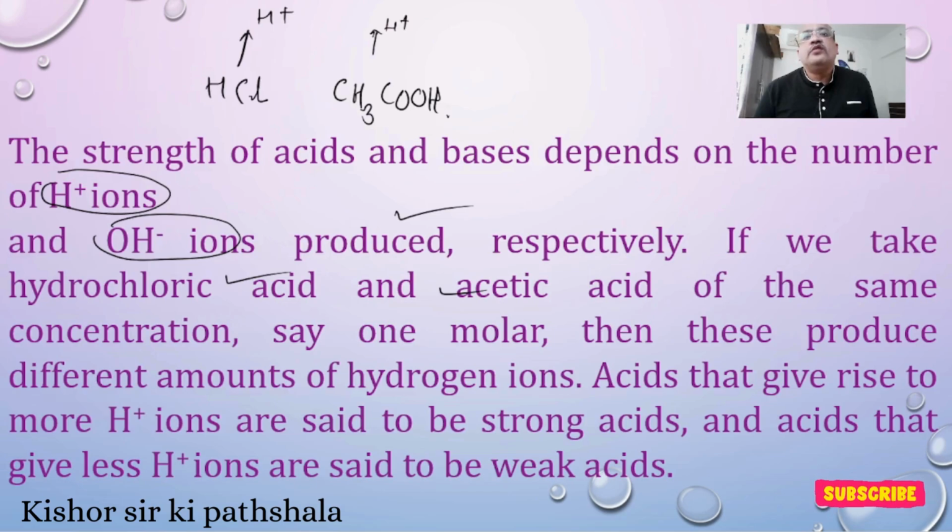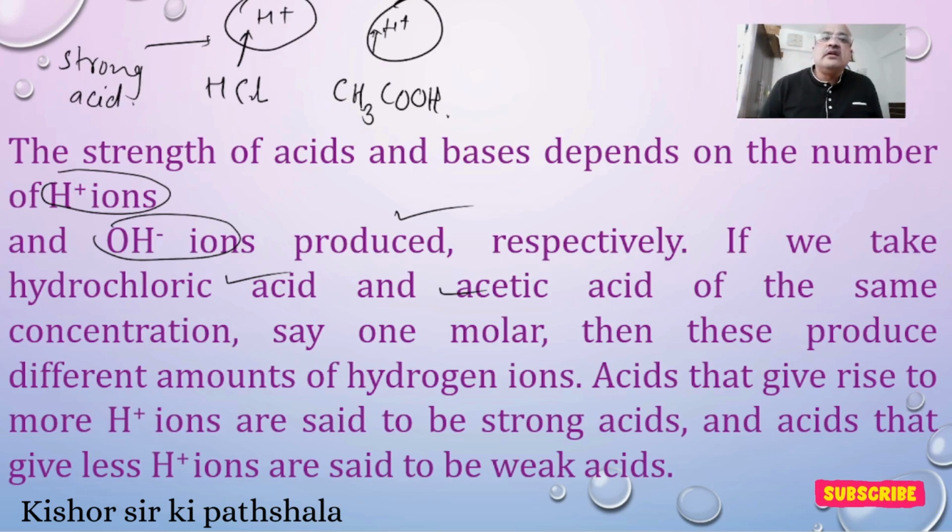The acid that gives more H plus ions is said to be a strong acid. The acid which gives a lesser amount of H plus is called a weak acid. So this is my strong acid and this is my weak acid. In the same way we can say about bases also.